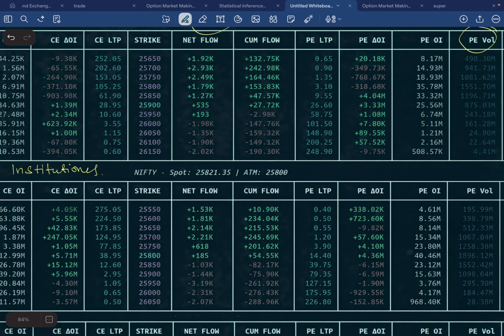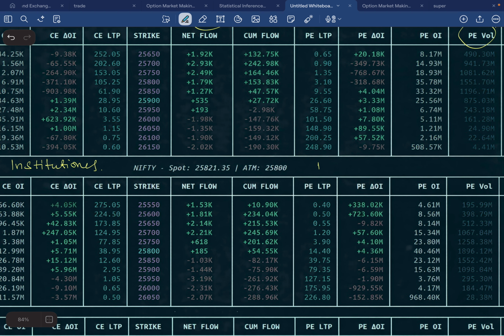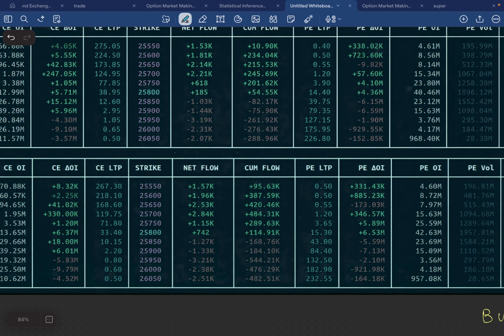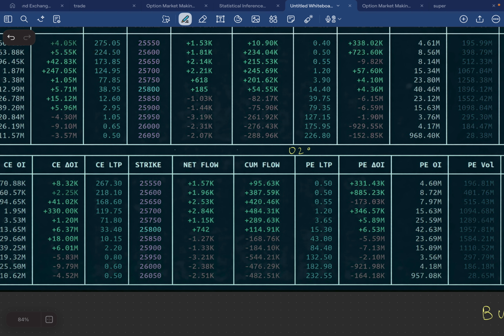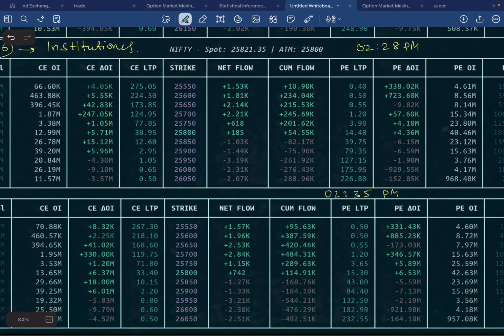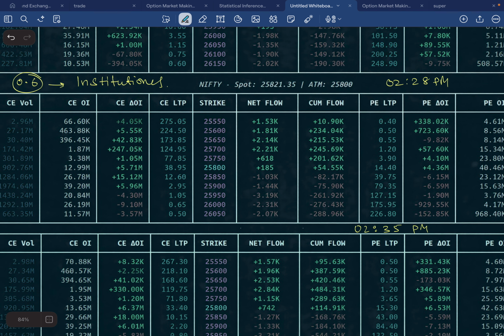This is at 0 to 28 p.m., and this is 0 to 35 p.m. Let me tell you how you can use this to stay away from the market and to enter the market as well. The data will have the answer for you.